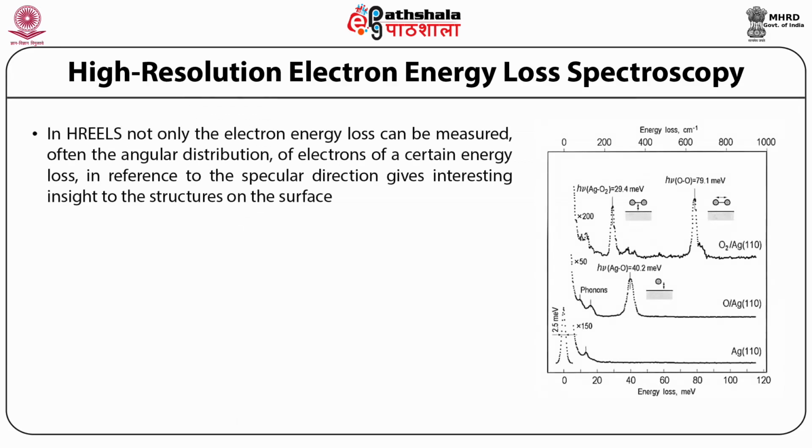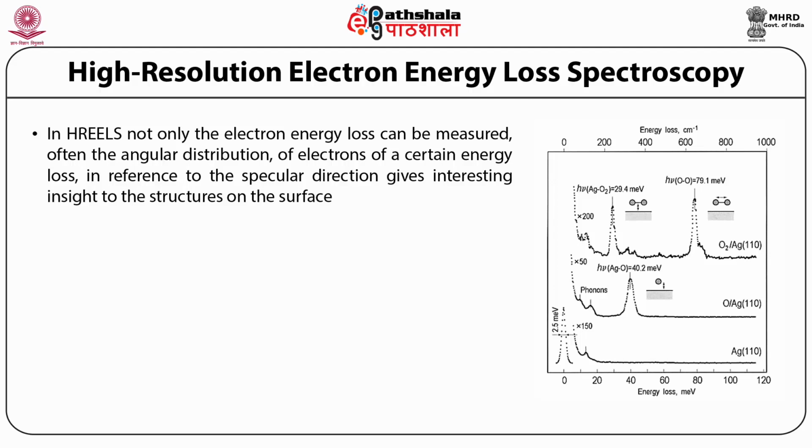High resolution electron energy loss spectroscopy has been shown. The kind of spectra that one ultimately gets has been shown here in this slide in the given figure. This talks about a variety of thin films. A silver crystal of 110 plane has been taken.